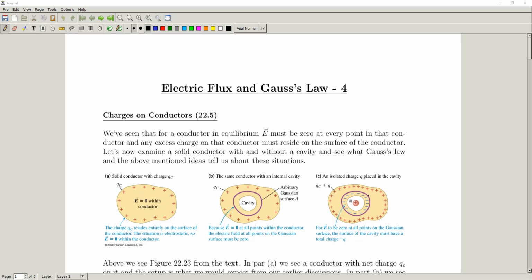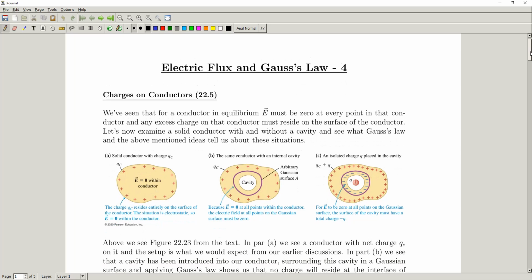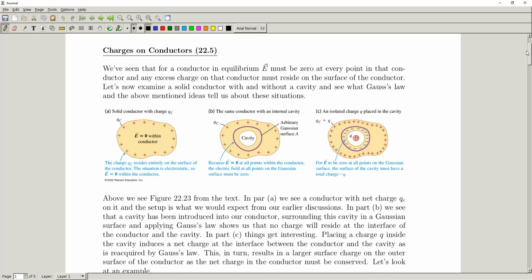So let's take a look at case A here, the first picture in this diagram. We have a solid chunk of conducting material. We have some excess charge Q_C on the conductor, and what happens? Well, exactly what we would expect, what we've already talked about. The charge all migrates to the surface, right?